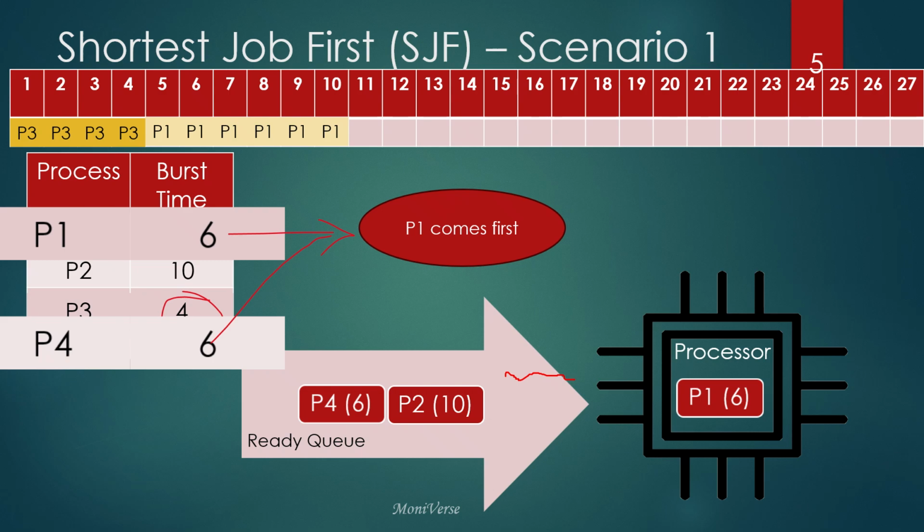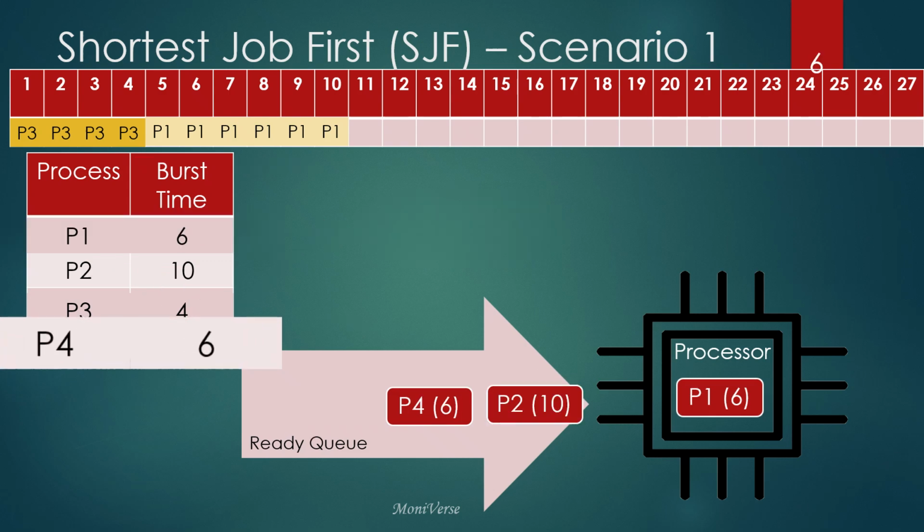As the execution time for P1 is 6, it is executed for 6 units of time, and I have specified this in the Gantt chart. Once P1 completes, among P2 and P4, P4 has the shortest remaining time. So now P4 enters the processor for execution.